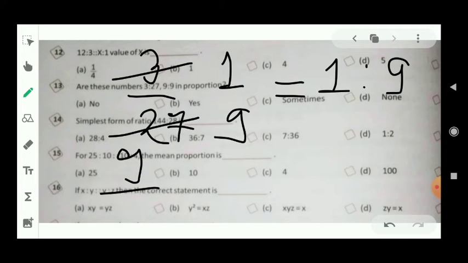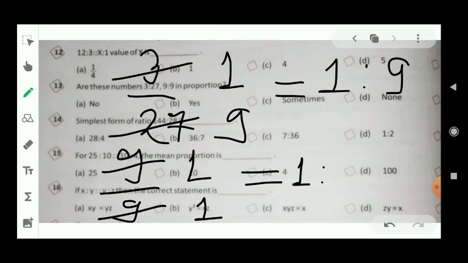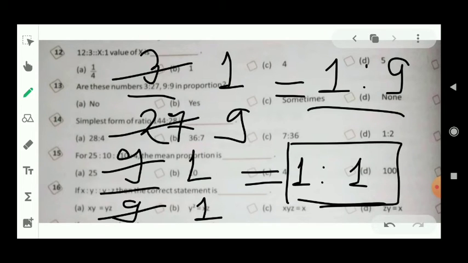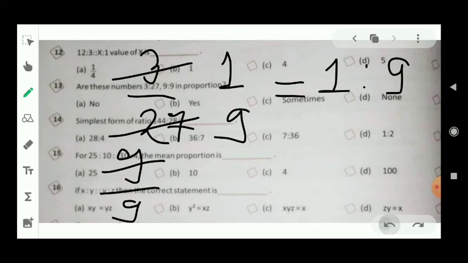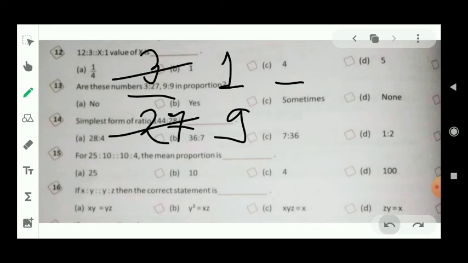And 9:9 means 9 ones are 9, 9 ones are 9. That means 1:1. Are they equal, students? You can see they are not equal. So which option will be right? Option number A. That means no.